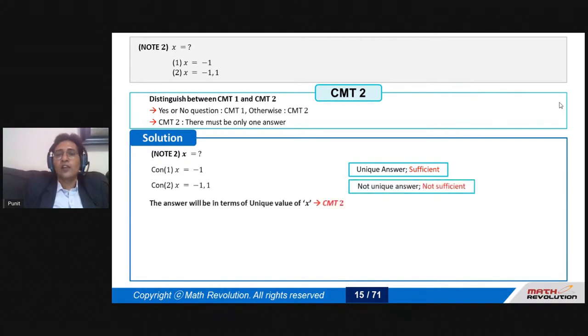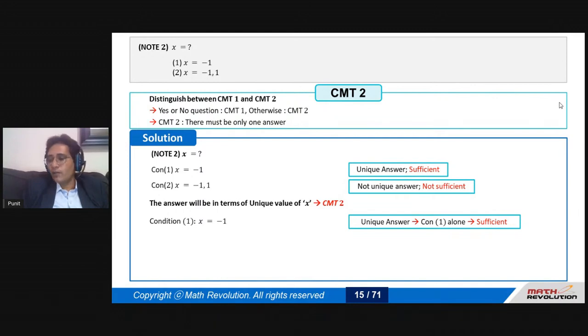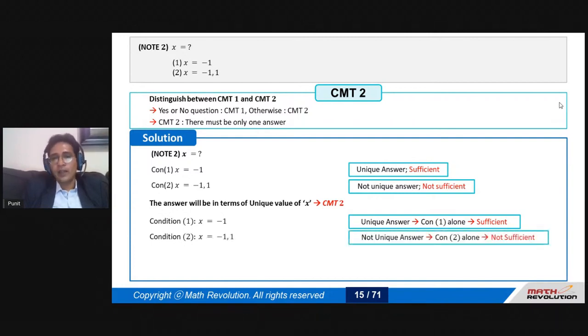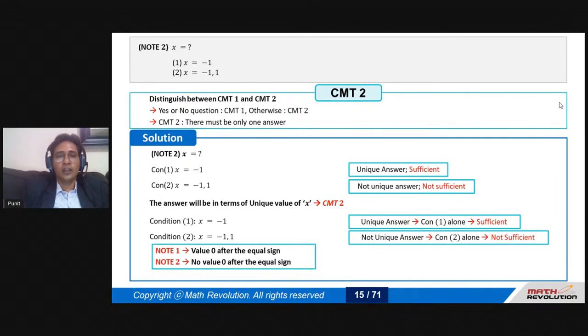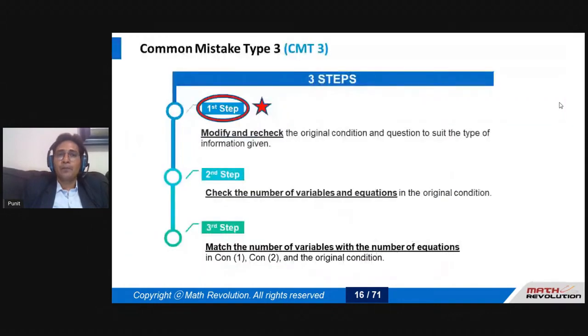So this will not be sufficient. So again, CMT2 applied. Condition number 1, it's a unique answer, so that is sufficient. And condition number 2, X equals minus 1 comma 1, that is not a unique answer, so hence it is not sufficient. The answer goes as A.